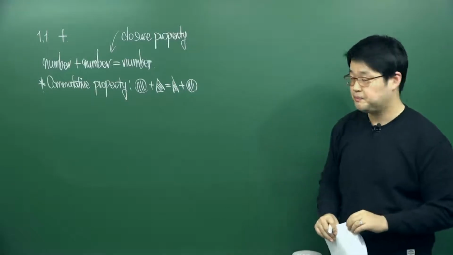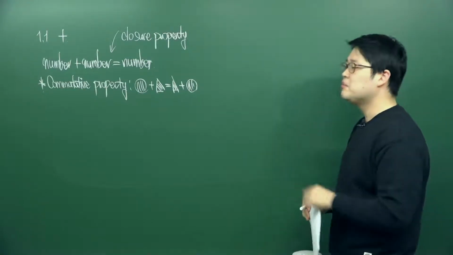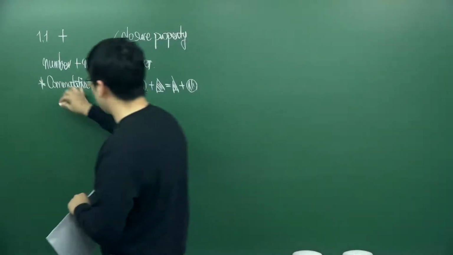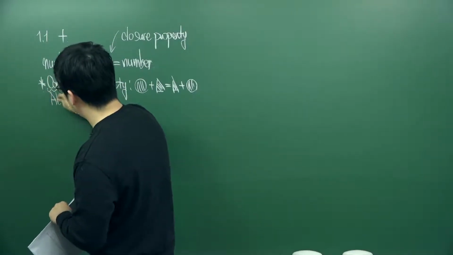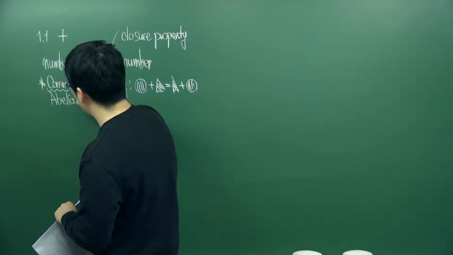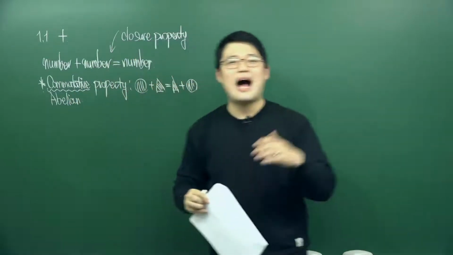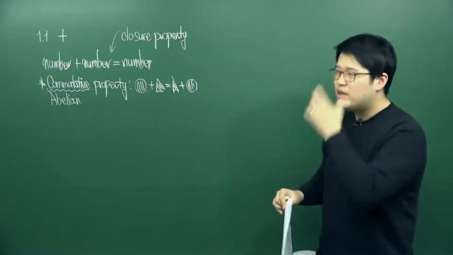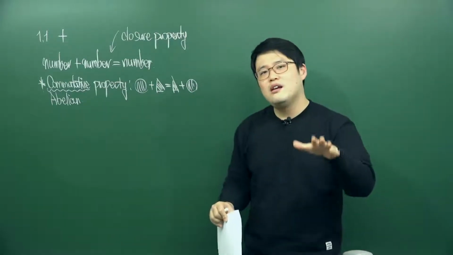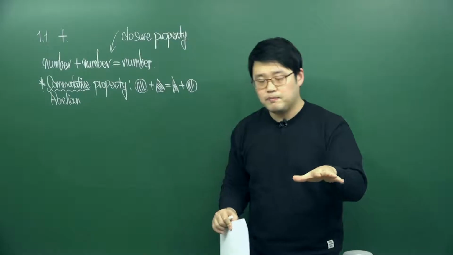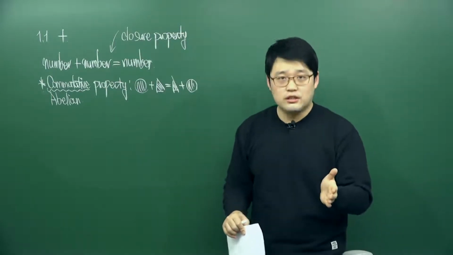This is important too. We sometimes call this abelian property. So there is a mathematician called Abel. I'm not sure whether he's a Swiss mathematician or a French mathematician, but there was a mathematician called Abel, and he was a genius, of course.